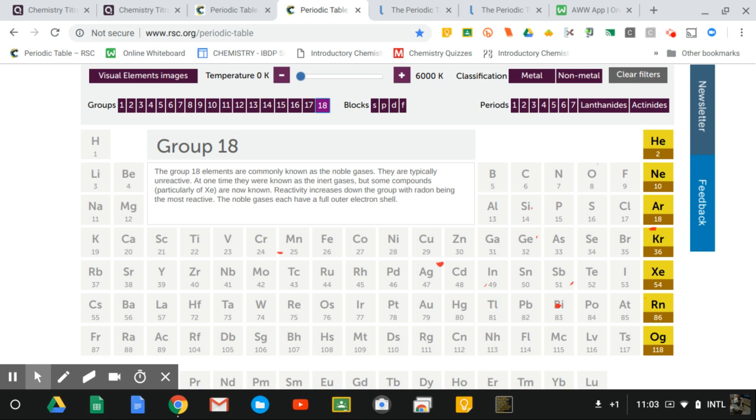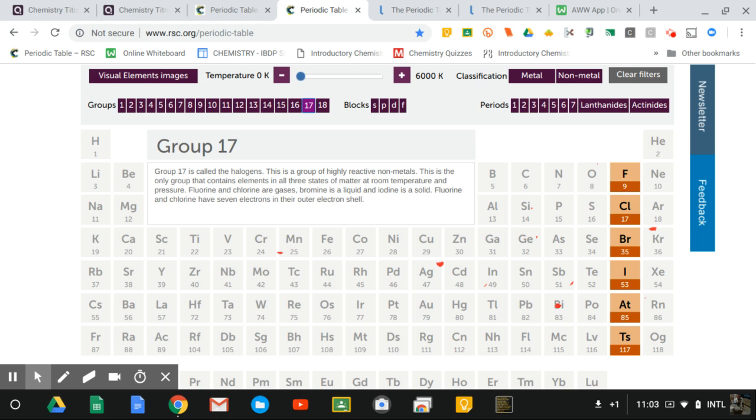How about group 17? What's the name of group 17? Anybody knows? Halogens. What is the meaning of the word halogens?